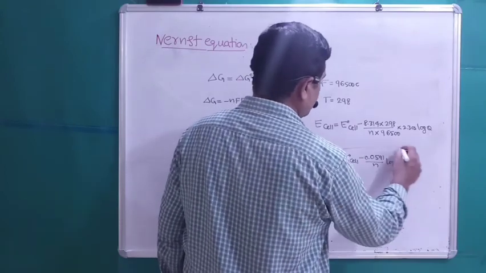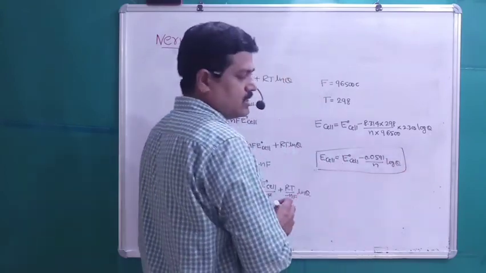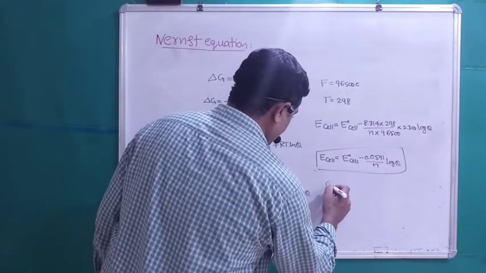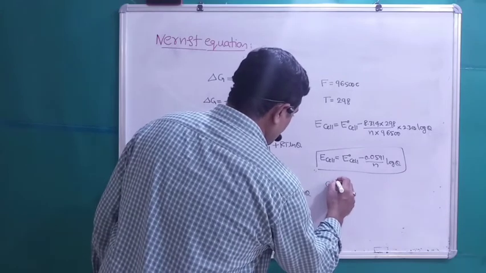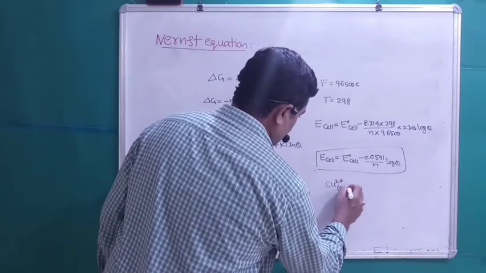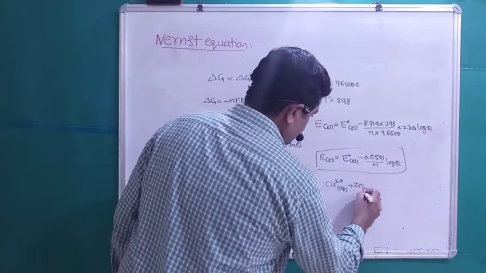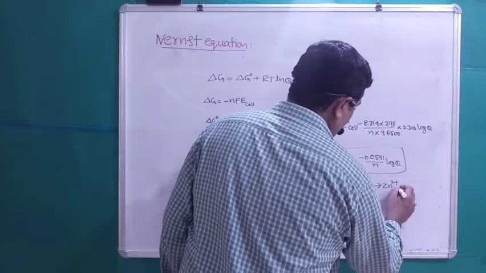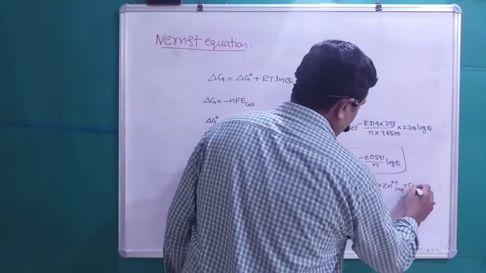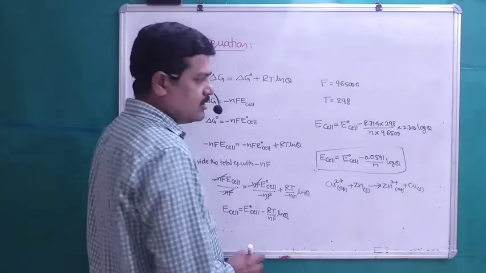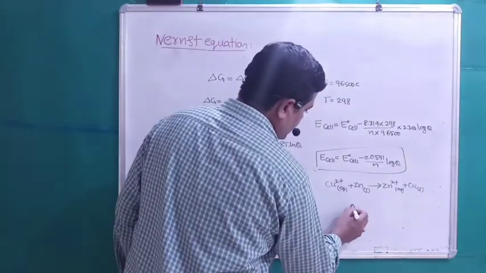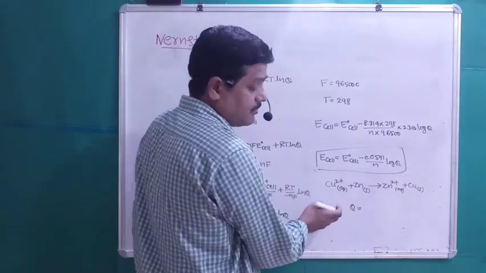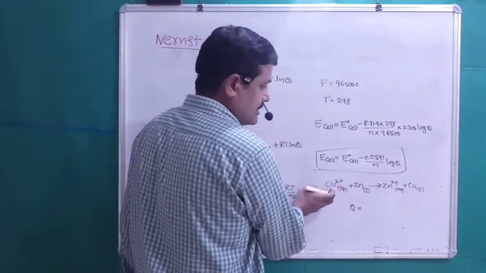So what is Q? Reaction quotient Q, right? For example, we have a reaction like Cu2+ aqueous plus Zn solid gives Zn2+ aqueous plus Cu solid. Then the reaction quotient Q is the product of active masses of the products divided by the product of active masses of the reactants.